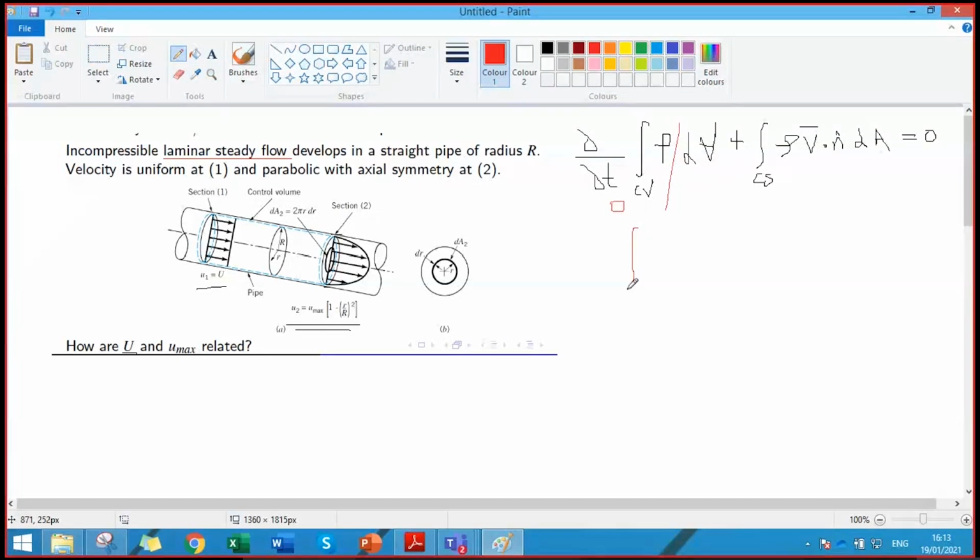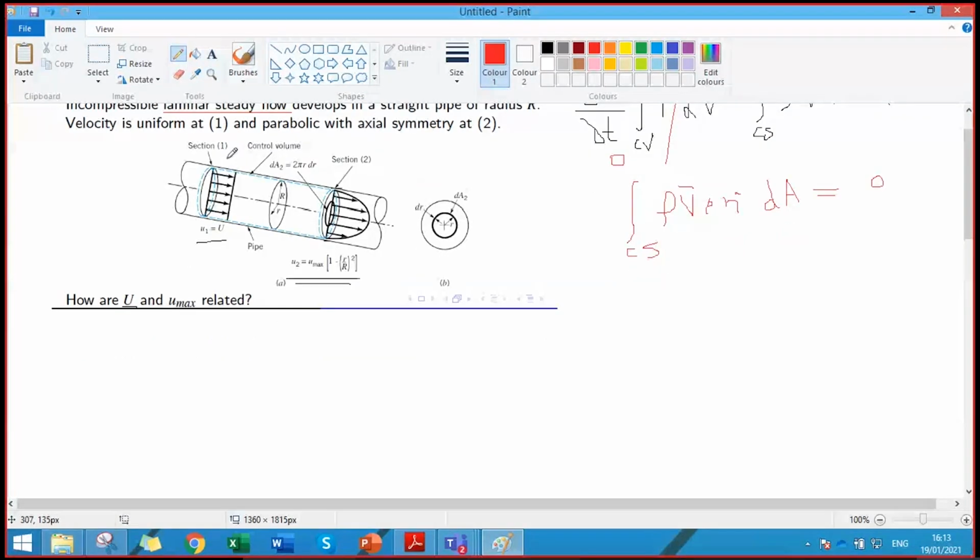Now we have two control surfaces. This blue dashed line represents your control volume. Section 1 is acting as inlet, and section 2 is acting as outlet. At section 1, the velocity is fixed and the area is also fixed, right?